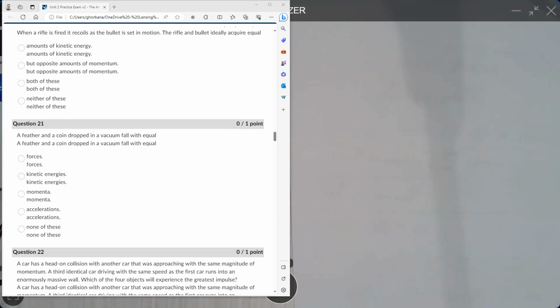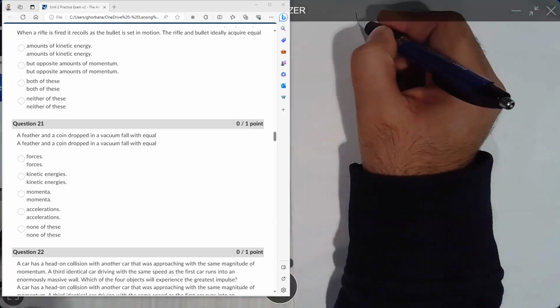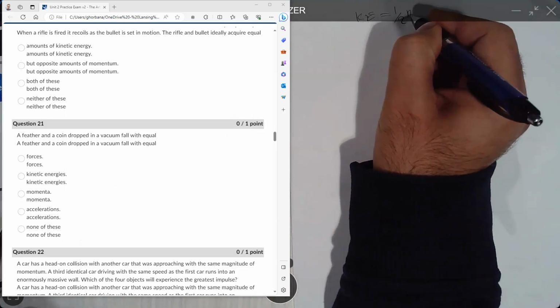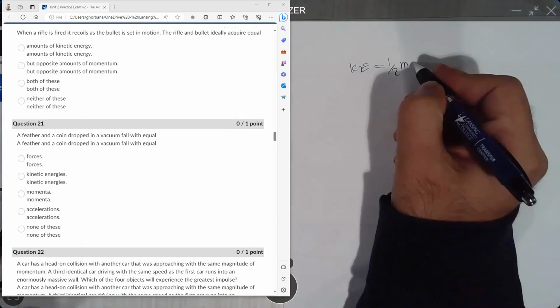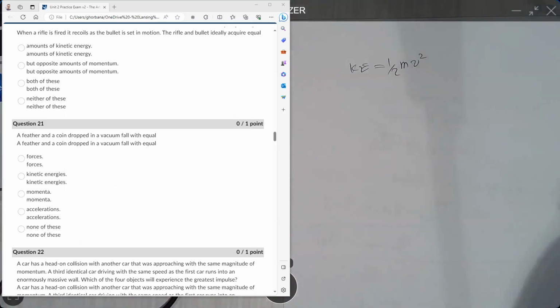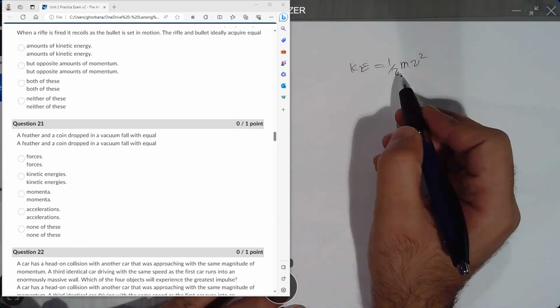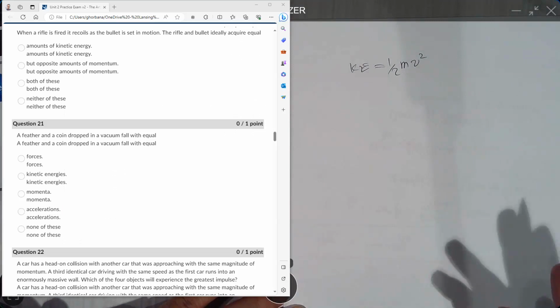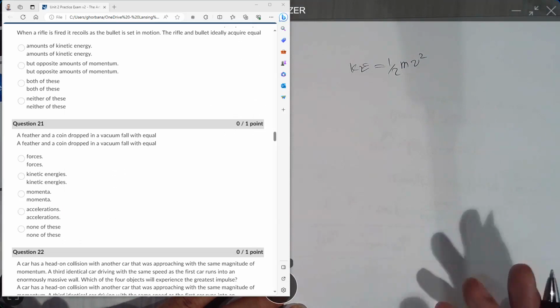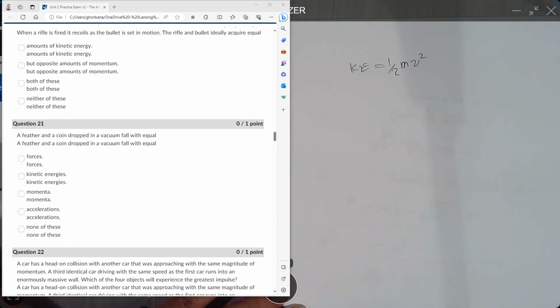In a vacuum, they reach the ground with the same acceleration, but the force will be different. Kinetic energy is 1/2 m v squared, and because they have different masses, the kinetic energy will be different. The acceleration is the same, so the right answer will be acceleration.